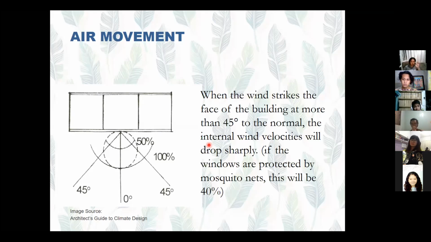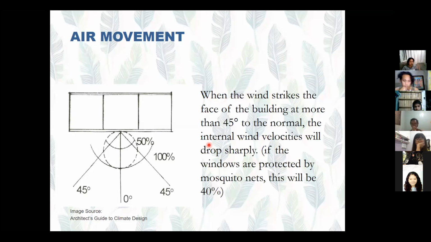Mas maganda talaga na ang opening niya, kumbaga, perpendicularly. Pero, of course, hindi naman siya tama all the time, di ba? Because the wind shifts. Right? Pero kung makuha mo, kumbaga, pinaka-frequent na direction, better. Okay? Yan.